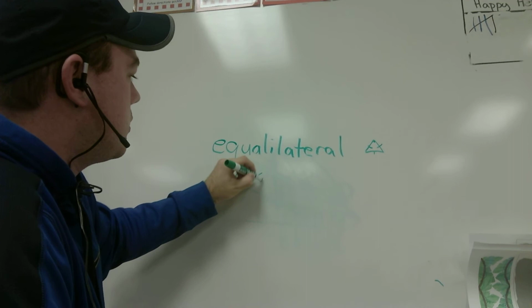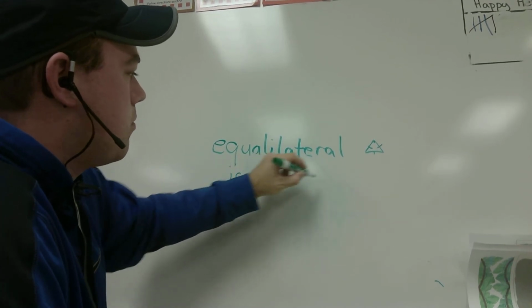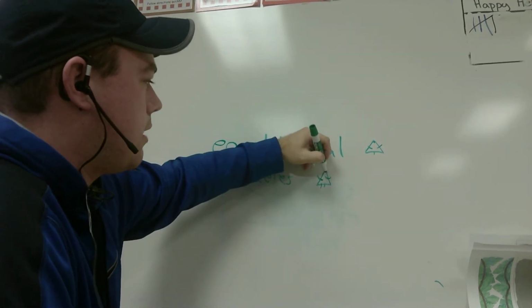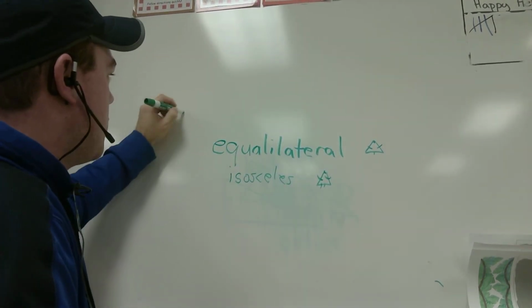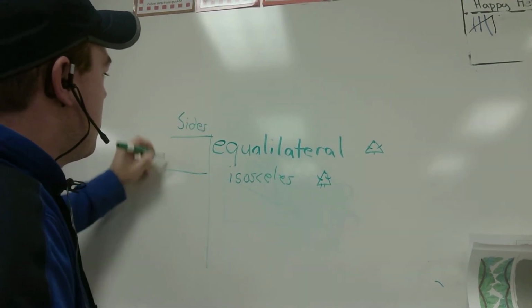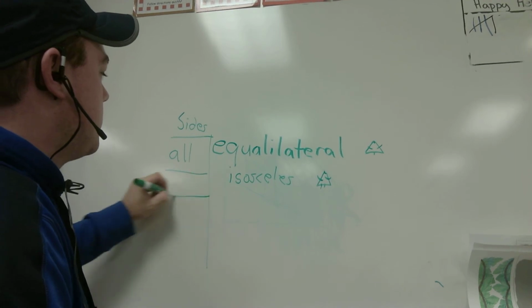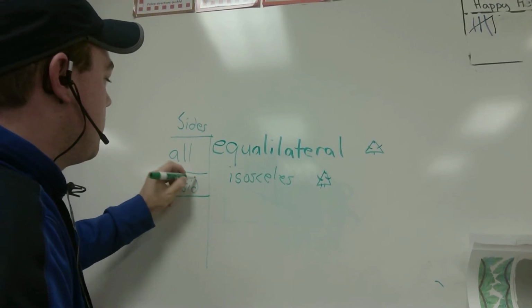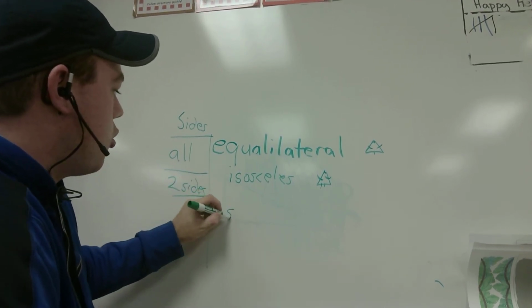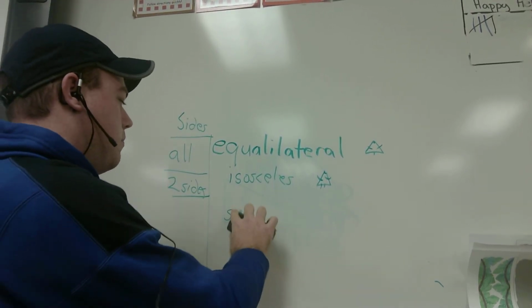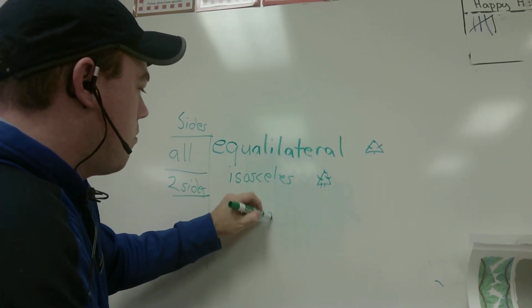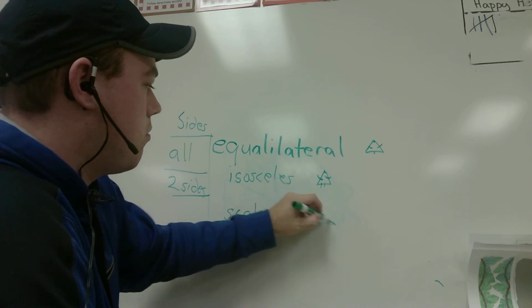So over here we'll put our sides column. Equilateral, all sides. Isosceles, two sides. And your scalene triangle has no sides that are equal.